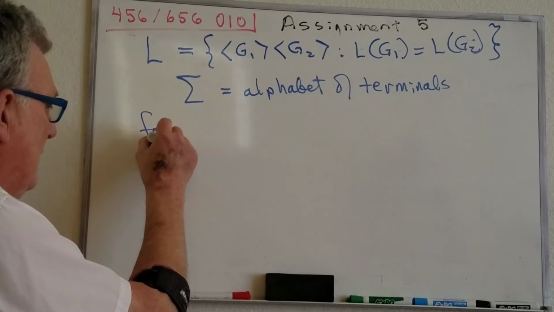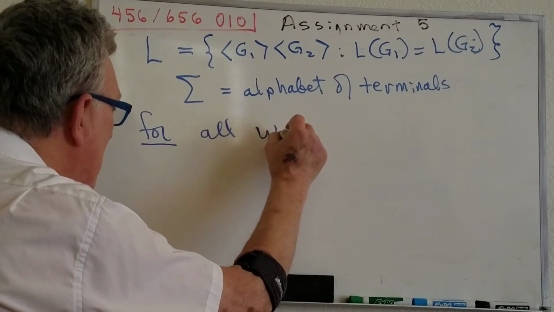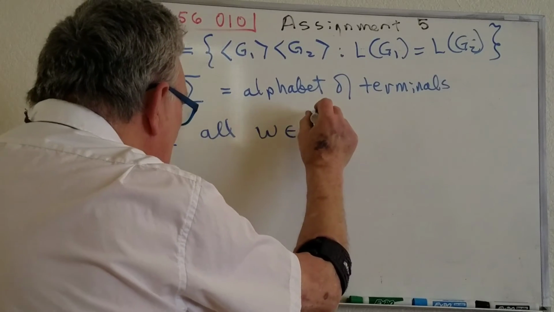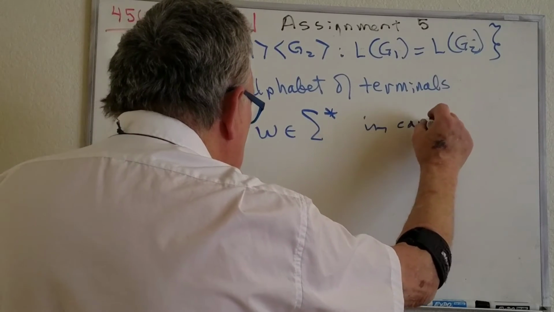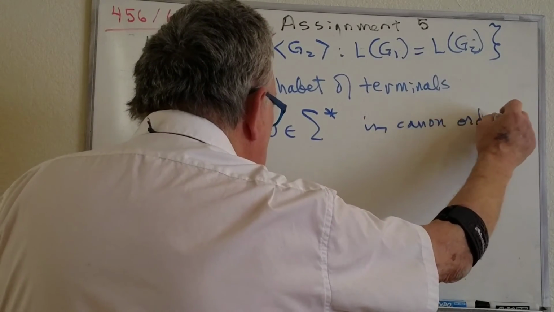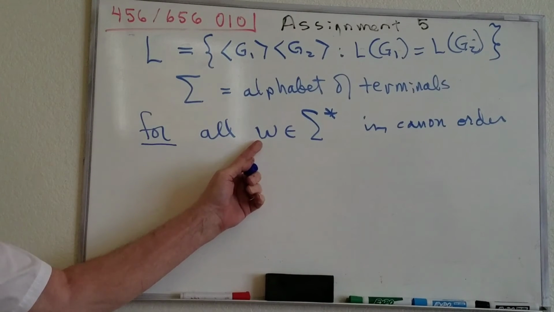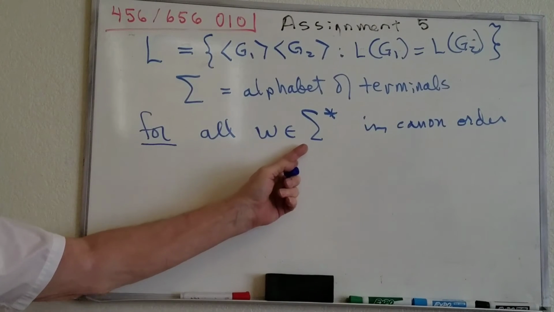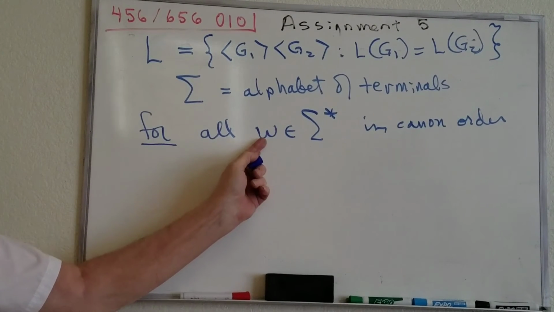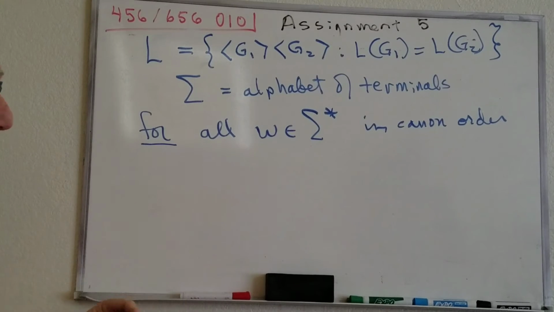So we're going to draw an infinite for loop for all W a member of sigma star in canonical order. Now we're generating one at a time all these strings. We can assume that sigma is the binary alphabet, so this would be all binary strings. We're looking at them one at a time, starting with the empty string, and then 0, and then 1, and then 00, and so forth.